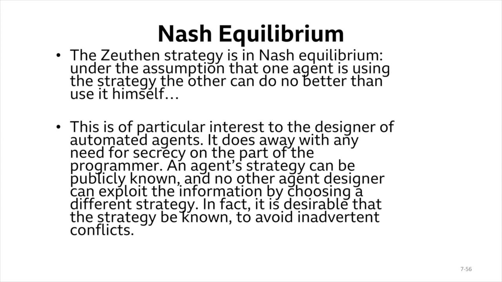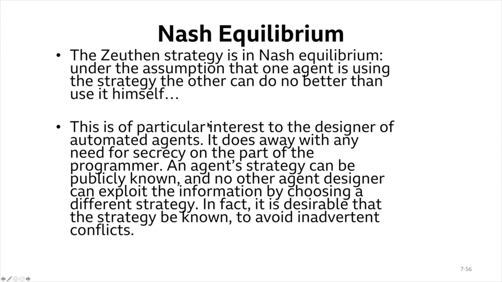Specifically, what that means in this context is that if one agent is using the Zeuthen strategy to negotiate, then the other agent can do no better than use the same strategy itself. This is a quote from the developers of this protocol, Rosenschein and Zlotkin.